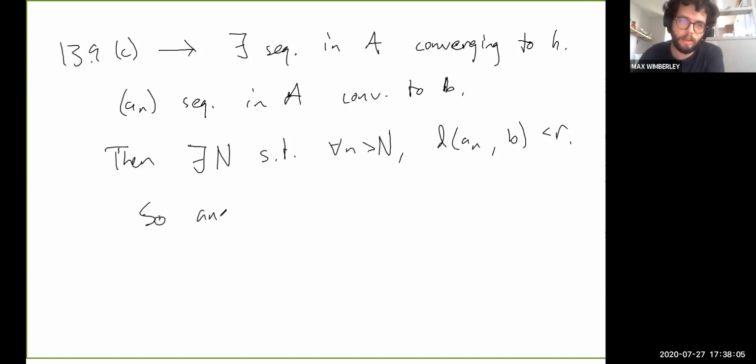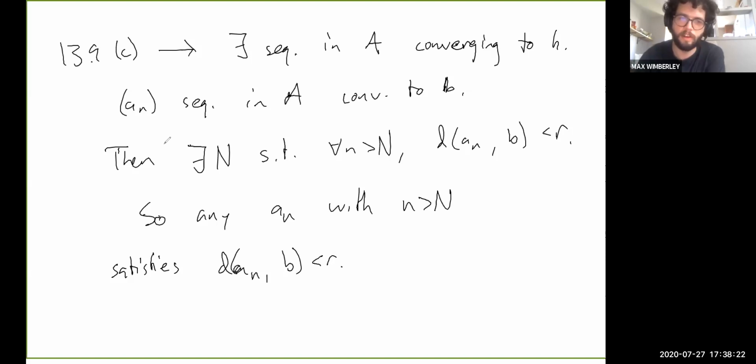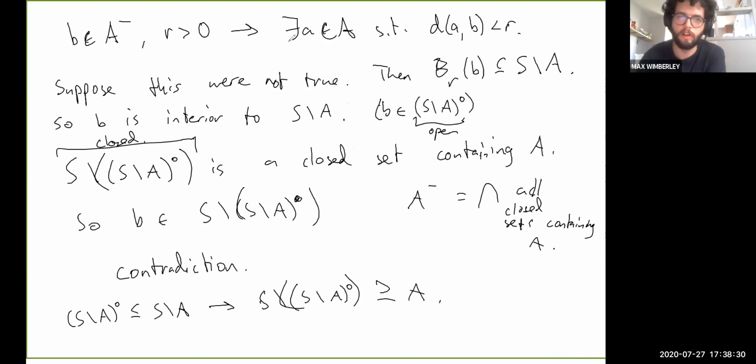So any A_N with n greater than capital N satisfies this. I just kind of rewrote this, but my point is that any A_N in the sequence beyond this point can serve as the A that we're looking for, right?